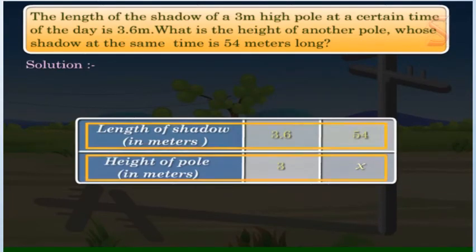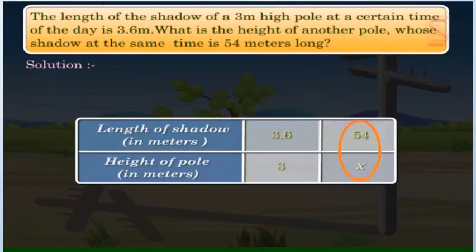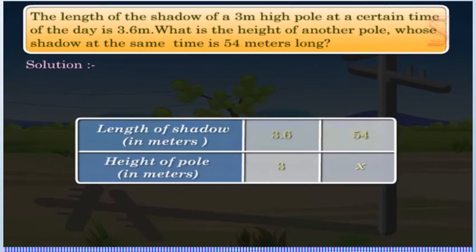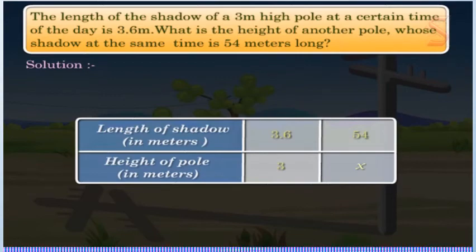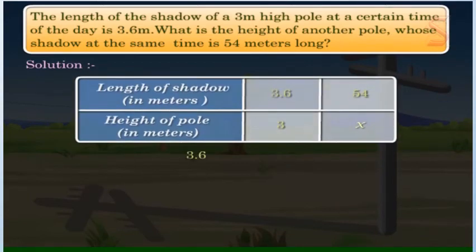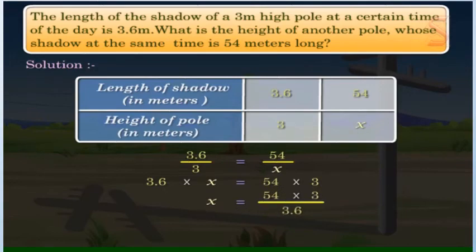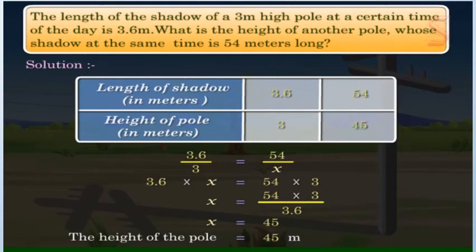So they are in direct proportion and hence their ratios are constant. That is, ratio of lengths of shadows are equal to ratio of corresponding heights of the pole. So 3.6 by 3 equals 54 by x. Cross multiplying and doing the simplification, we get x equal to 45. So the height of the pole is 45 meters.